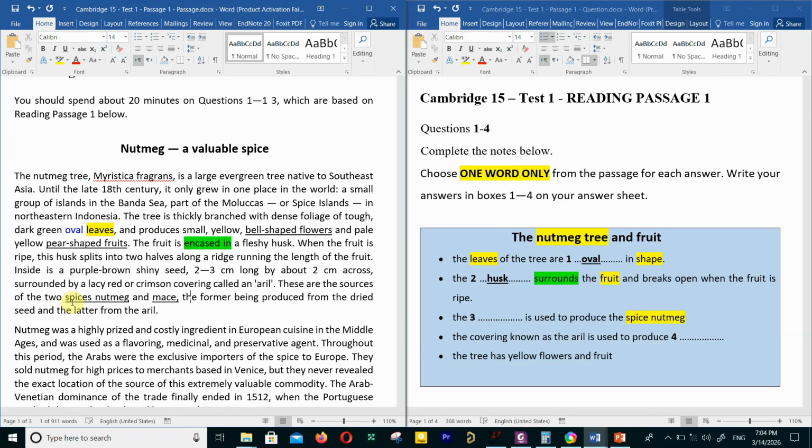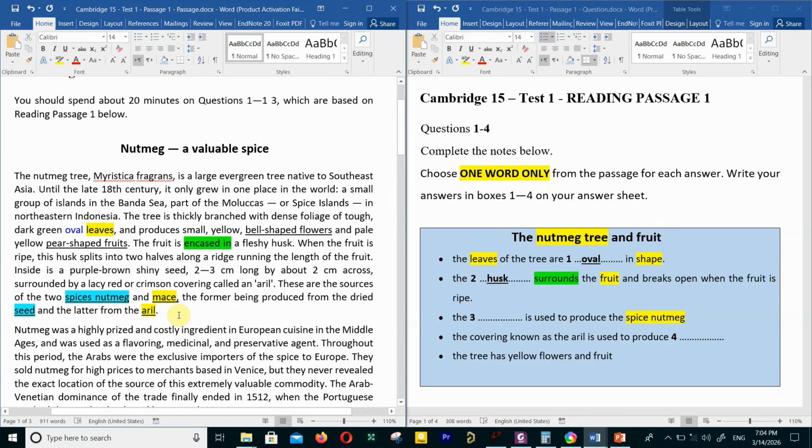The former being produced from the dried seed and the latter from the aril. And what does that mean? This means that the seed is the thing to produce the spice nutmeg, and this aril is the thing that produces mace.